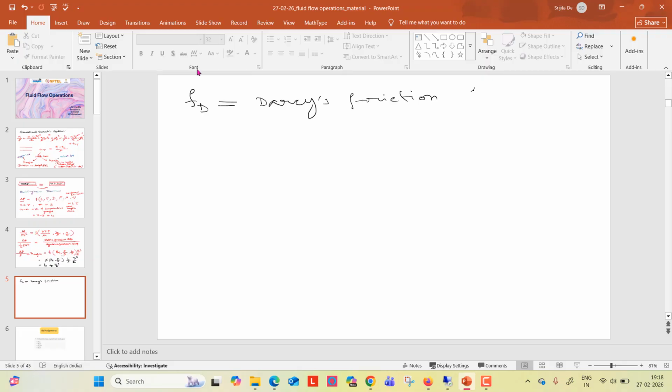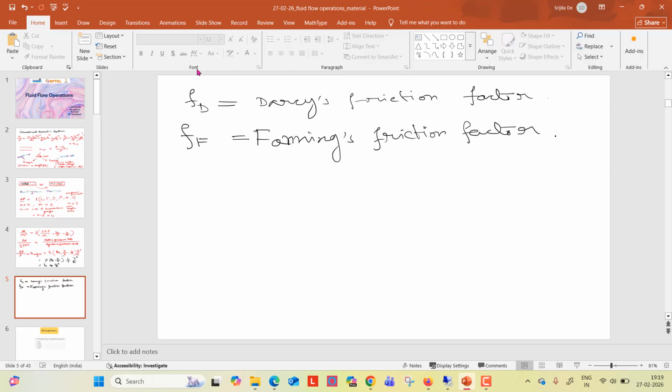Darcy's friction factor, and there is one FF, which is your Fanning's friction factor. And how are these two related? These two are related like FD equals 4 into FF. That means Darcy's friction factor is 4 times Fanning's friction factor.